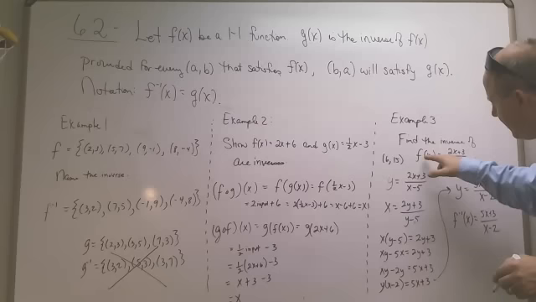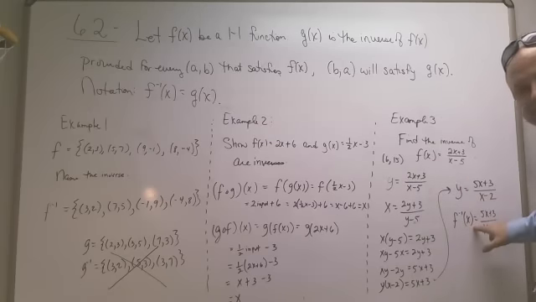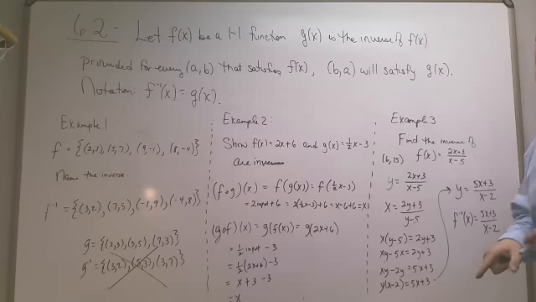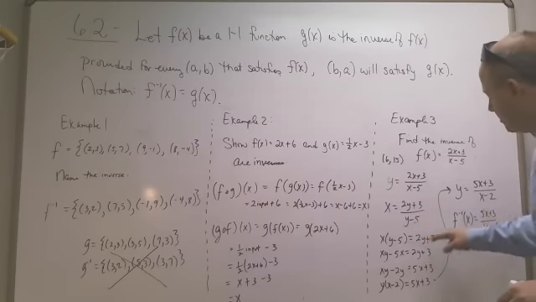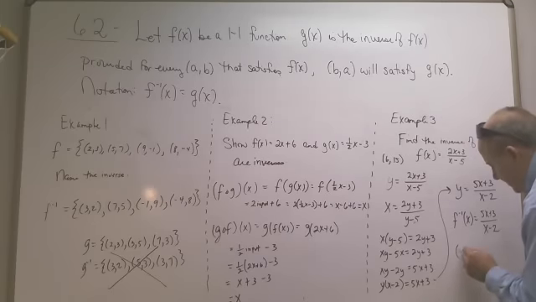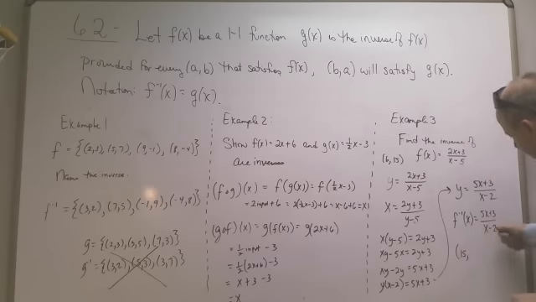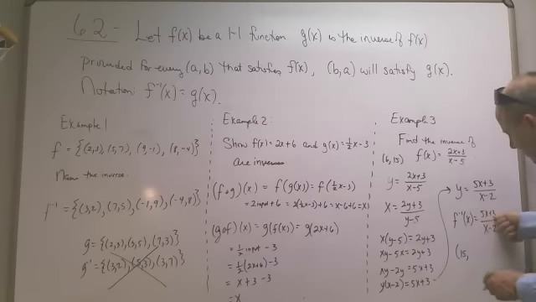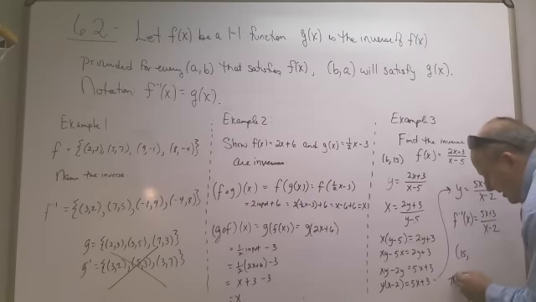So if these are truly inverses, then 15, 6 should work for that one. And if it doesn't, then I know I made a boo-boo somewhere along the way. So let's put 15 in and see what happens. 5 times 15 is 75. 75 plus 3 is 78.